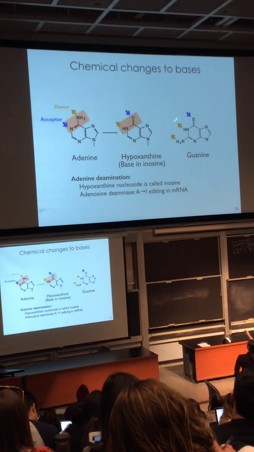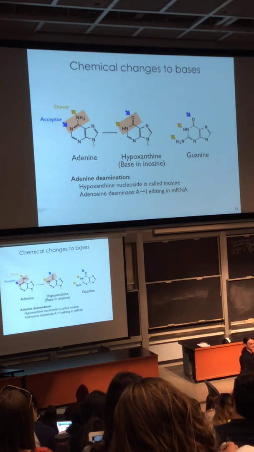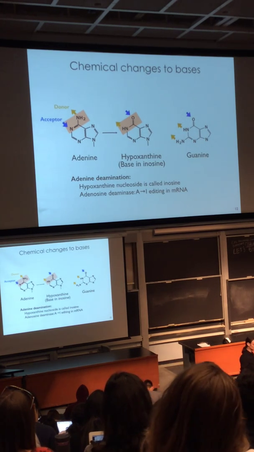In this position you have a hydrogen bond donor. As a result, hypoxanthine or inosine will actually pair better with C than with U. And again, putting this inosine, hypoxanthine, in a nucleic acid effectively causes a mutation.